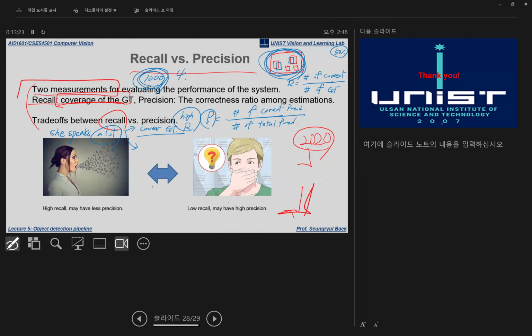So if an AI system predicts a lot, it has a high probability of covering the ground truth, but at the same time a high probability of inferring wrong predictions. In this case they will have less precision. So precision and recall have a trade-off.